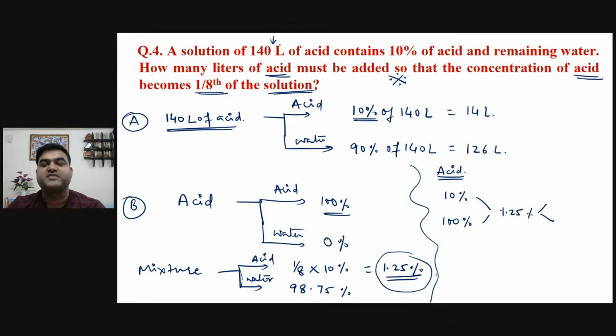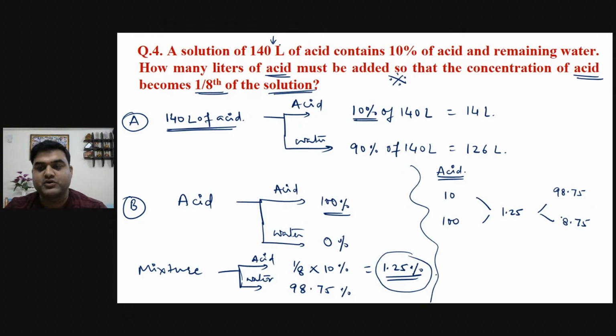So what will be the ratio? Just find out first. Leaving this part, we take this minus this and this minus this, correct? So this difference will become 98.75 and this difference will become 8.75, right?